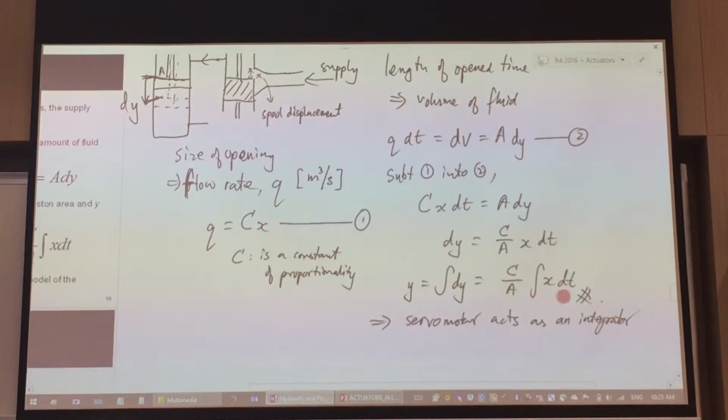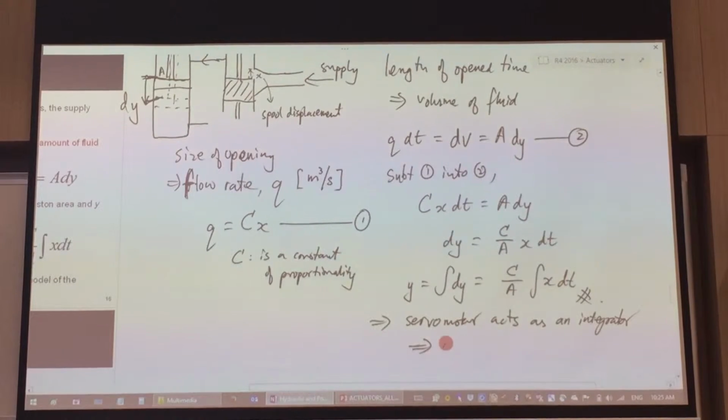So it's a pure integrator. In your dynamics control, do you remember what a pure integrator does to your control? What are the characteristics in terms of its response?